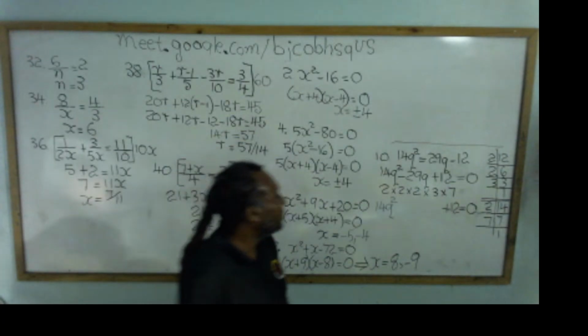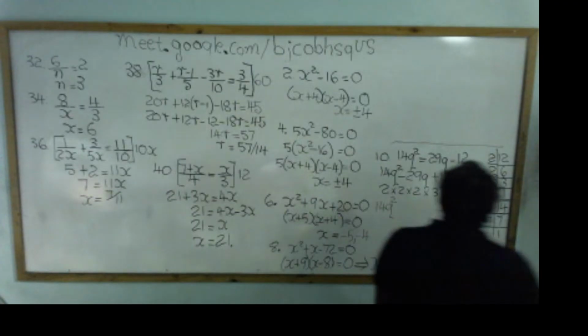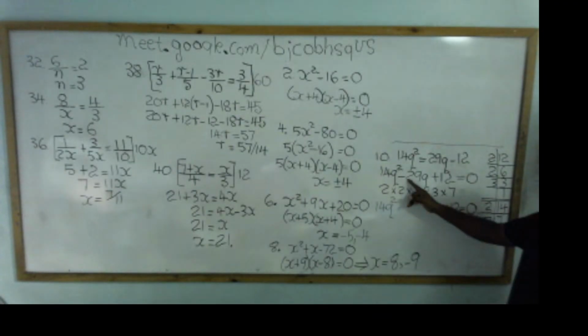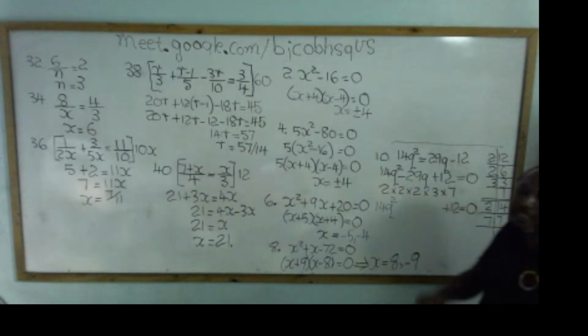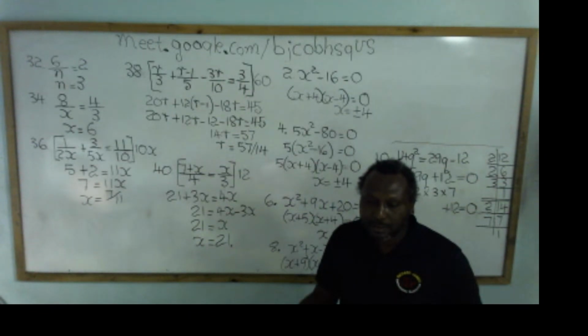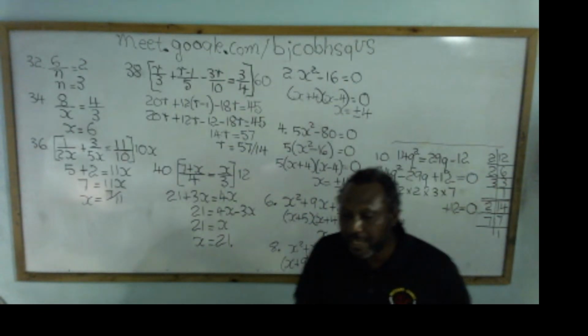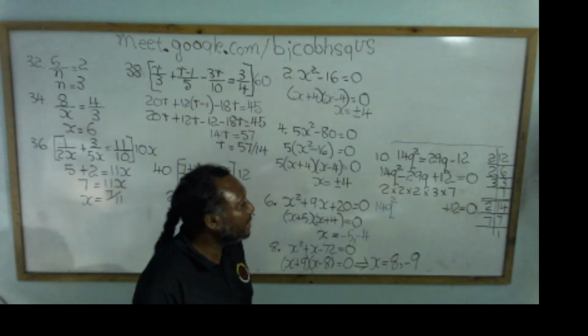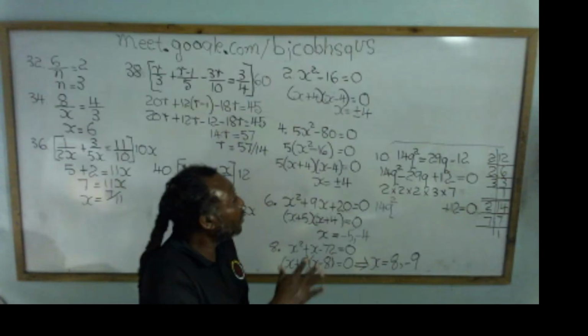Okay. We can choose any combination here. But what is evident is that we have an odd number here. We need the sum to be odd.